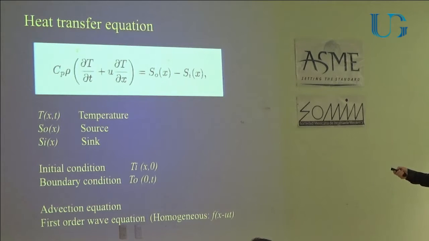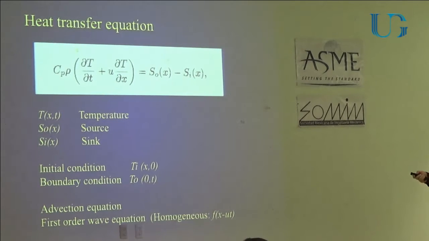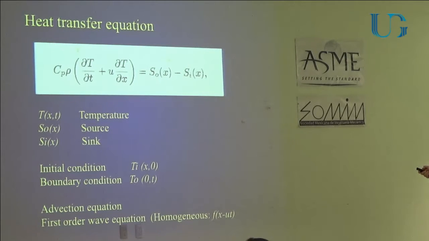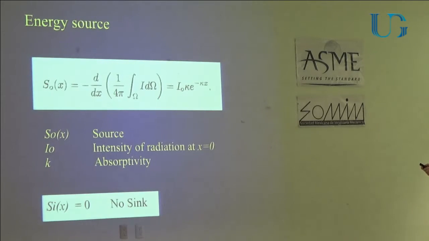It's a wave whose temperature will be increased due to this internal source that represents the beam. The internal source that I will use will be an exponential function that has a maximum at the entrance and that will decay as it goes in. So this is very much what would happen in a system that has just absorption, right?